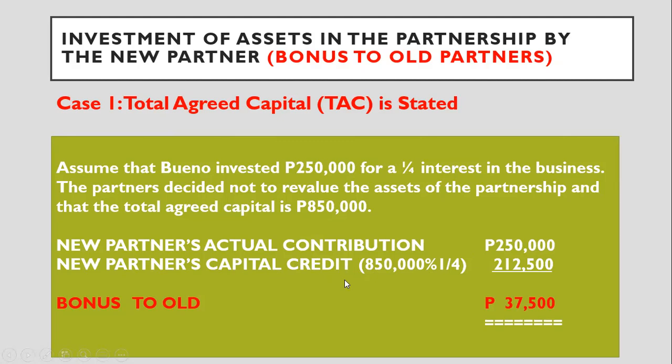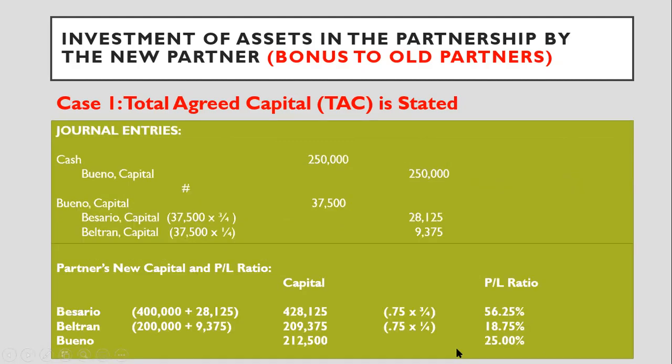When you compute the new partner's capital credit, it has to be based on the total agreed capital, which is given in the problem as 850,000 times 1/4. So the capital credit is 212,500. In this case, the actual contribution is more than the new partner's capital credit, so there is a bonus, and this bonus will be given to the old partners.